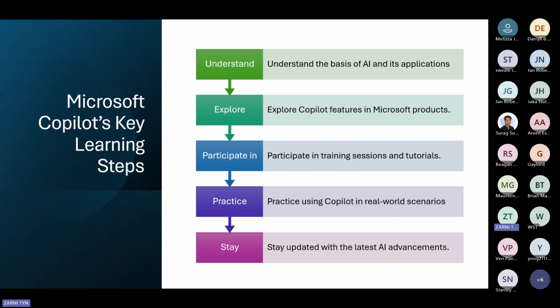Most of my students learn that Microsoft Copilot is very useful, but they can't buy the Microsoft Copilot license. The amount is very high. Yeah, Microsoft Copilot is facing this issue. This is the third step.